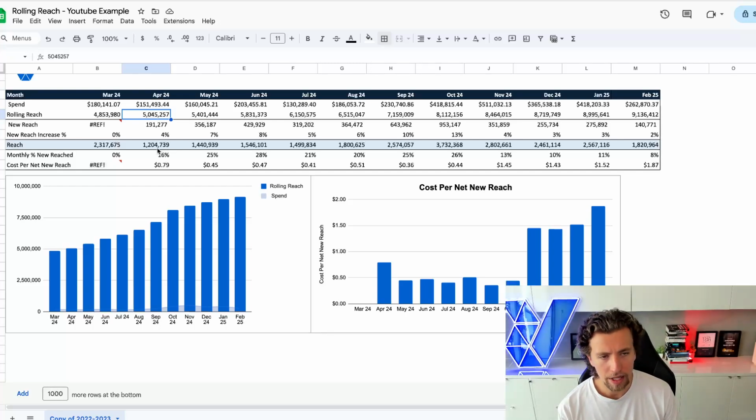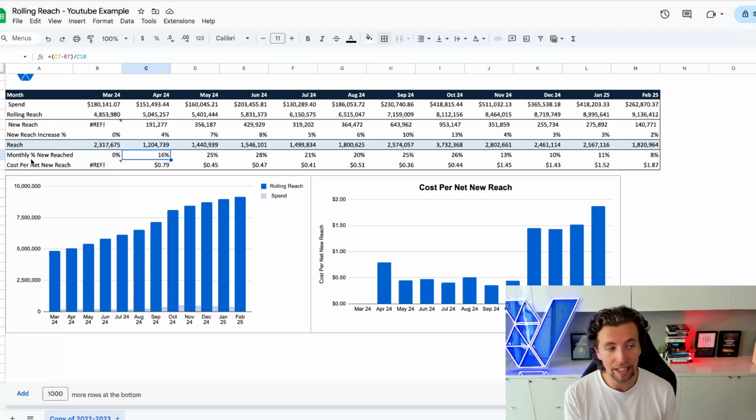And then from there, what you can do is find the amount of new reach that you got in April. You can divide that by the actual reach in the account, and you can get a percentage of monthly new reached users. What you're effectively getting here, how this metric works, is what percentage of your budget is going into reaching new audiences, new users that have never seen an ad before from your business.